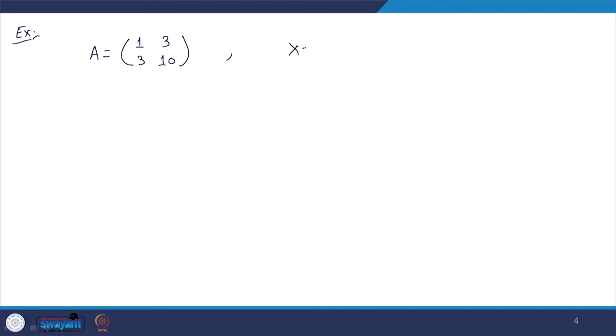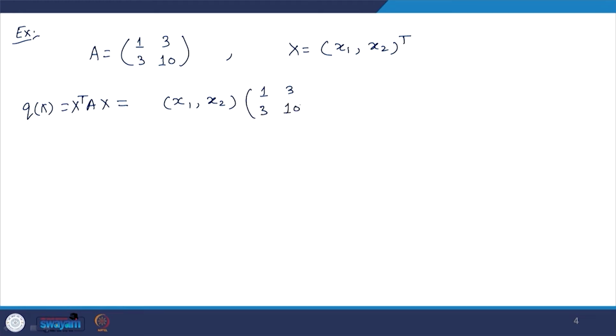Now take x equals to x1 x2 transpose, because it is a 2 by 2 matrix, so we have to take a vector from R^2. The quadratic form Q(x) is x transpose A x, which is x1 x2 multiplied with 1 3, 3 10, and then x1 x2.